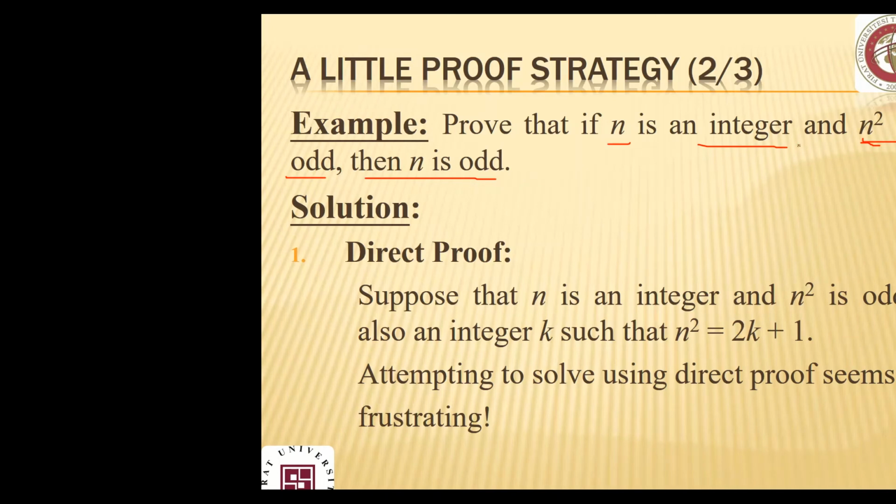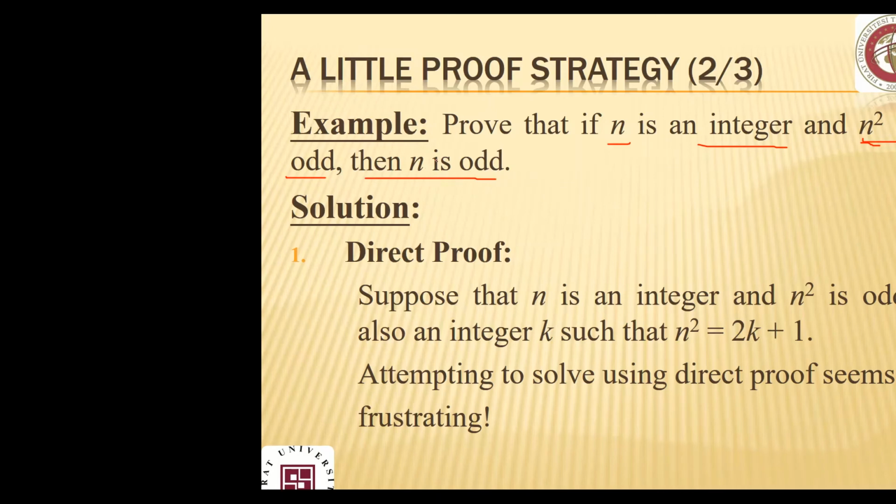N squared is odd is defined by 2k plus 1. And if you want to solve it, you will go to root plus minus, and that's difficult. The square root will not help you to simplify. How about if we take the contrapositive, or the contraposition in this case?